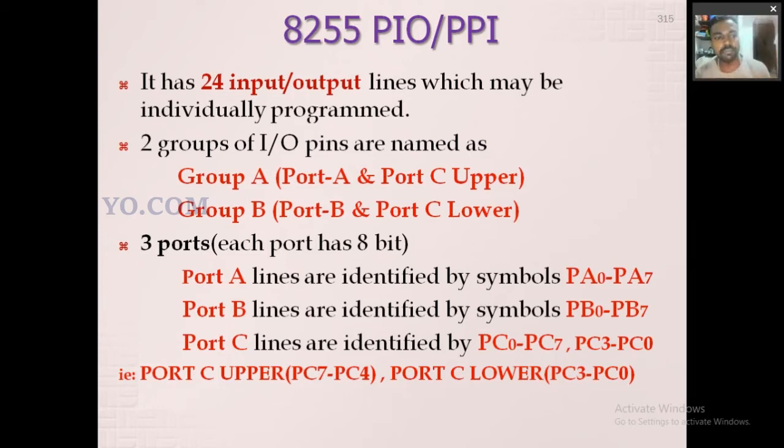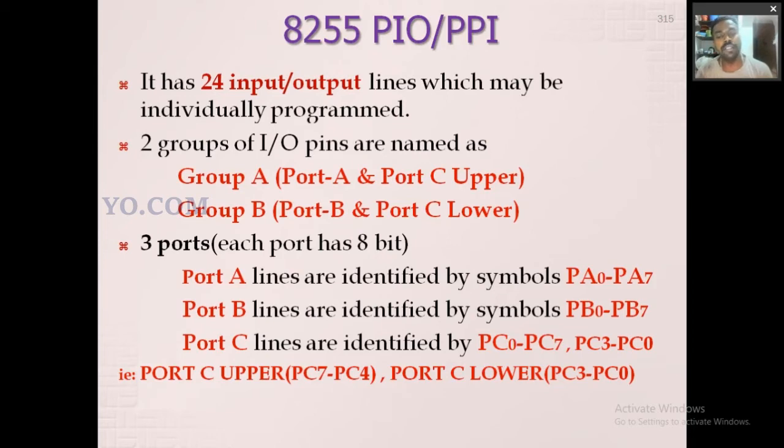The lines are individually programmed. So two groups are there, that we consider as group A and group B. Group A consists of port A and port C upper. Group B consists of port B and port C lower.